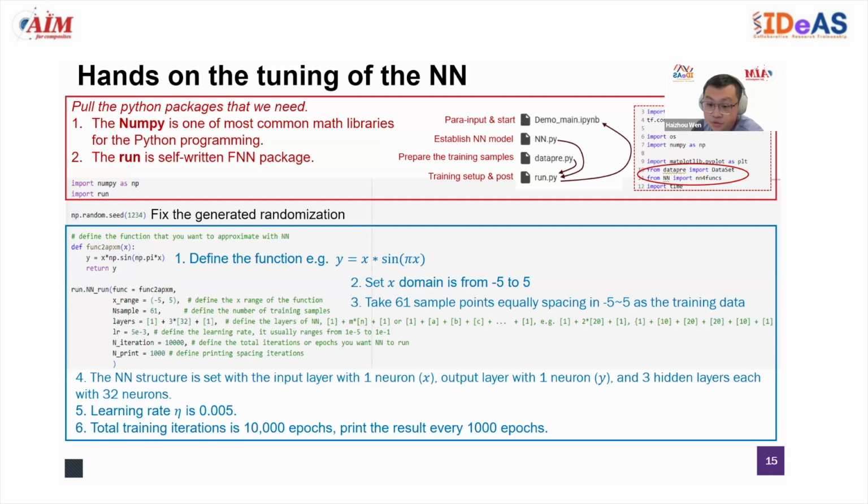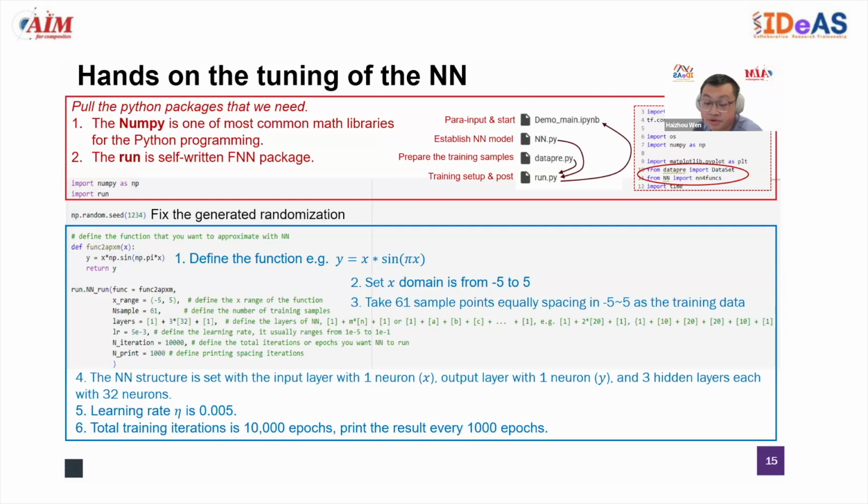And the def here defines the function that we want to approximate. The simple example we use here is the function of x times sine of pi x. Then we pull the subfunction of run.py to initiate the NN setup. We assign the approximation function, the one we just defined, and we set the x range between -5 and +5.